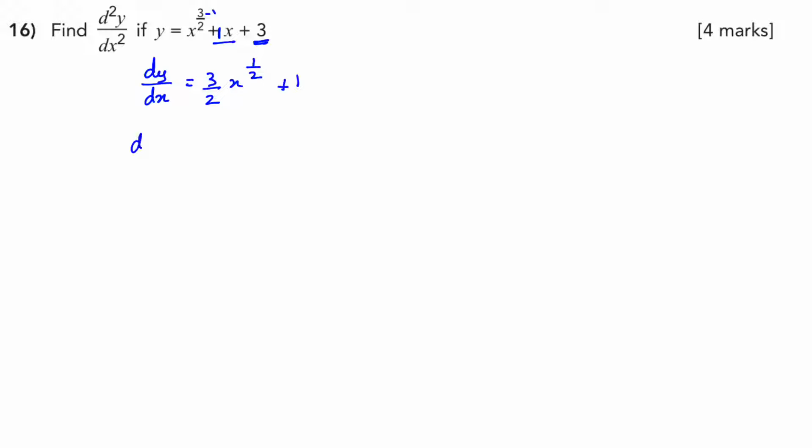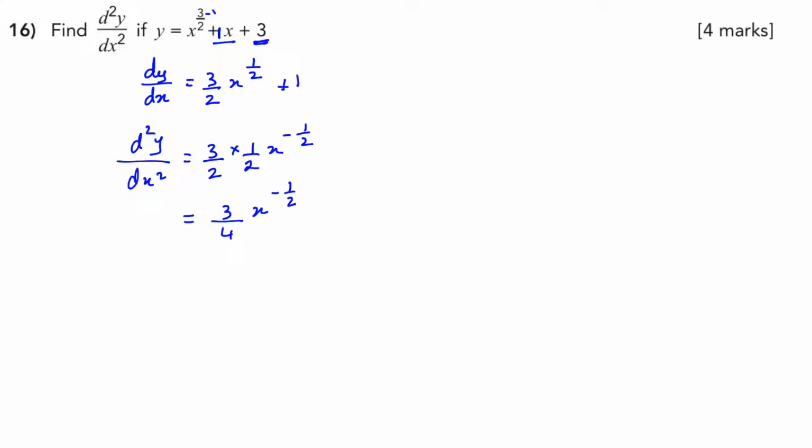Now we are going to differentiate it again. So 3 over 2. Remember the power goes in the front, so half. And then we minus 1 from the power. Half minus 1 will give you negative half. And 1 is a constant, so that will become 0. We don't need to write the 0.